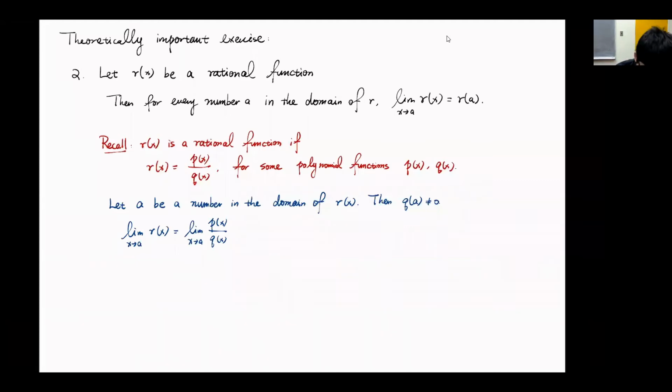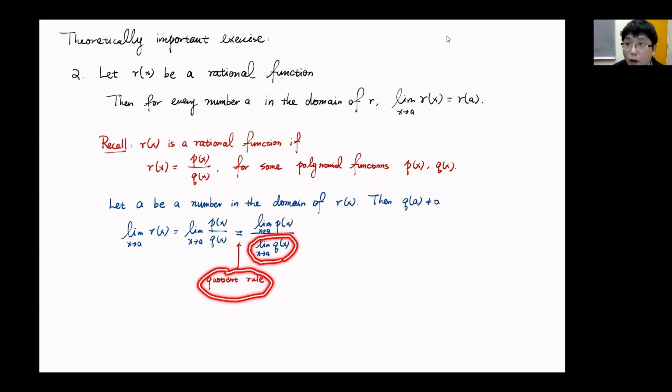Okay, so we can distribute this limit into the numerator and the denominator and rewrite the whole thing this way. And this is because we can use the quotient rule. Notice that to use the quotient rule, we need to guarantee that the limit of the denominator is non-zero. And this will be seen in the next step.